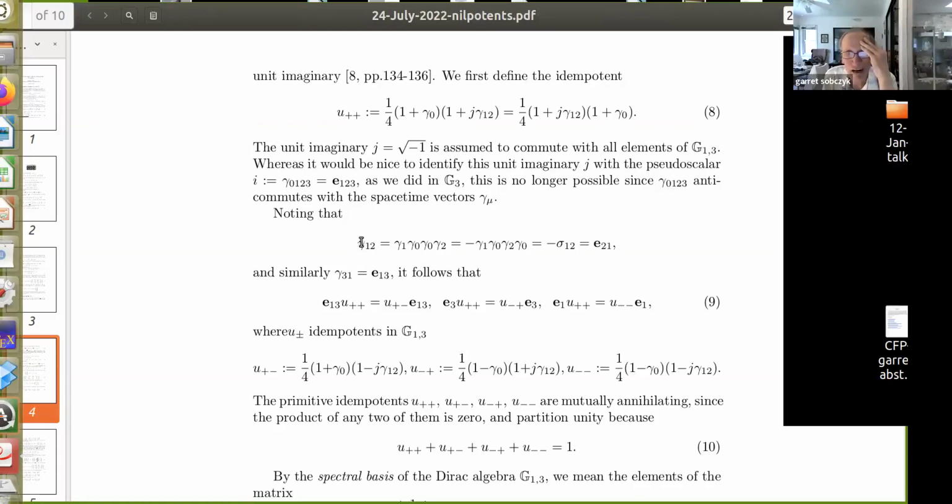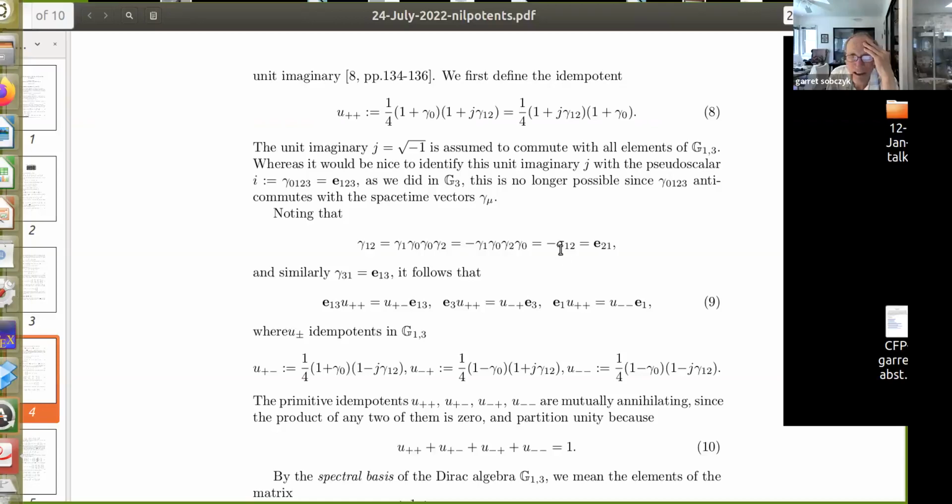the gamma matrix bivector, gamma 12, which Hestenes uses to generate spinors in the Dirac algebra, can be written as j gamma 1, gamma 0, gamma 0, gamma 2, because remember, gamma 0 squared is 1, gamma 1 squared is -1, gamma 2 squared is -1. So we get that as minus, anti-commuting gamma 1 and gamma 0 gives minus gamma 1 gamma 0.